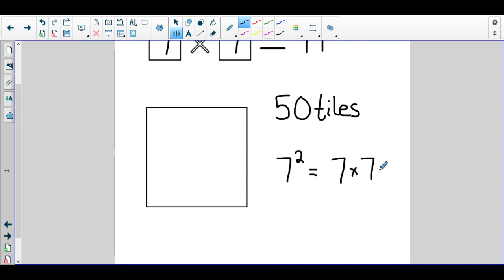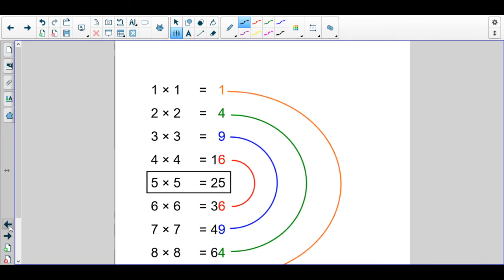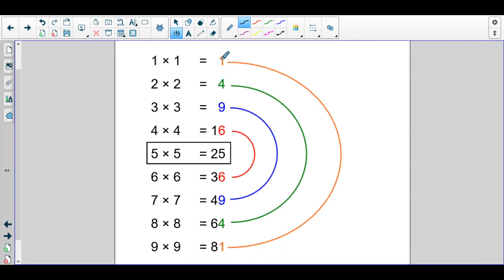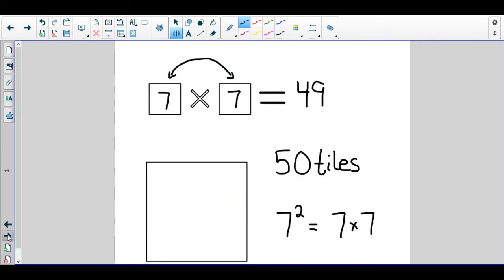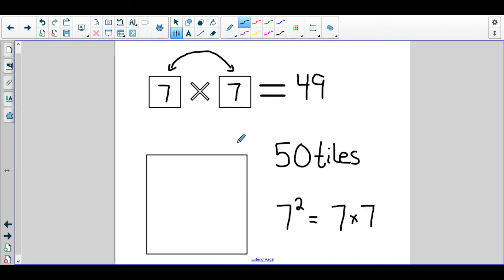So that would be 7 to the second power, which we nickname or give a shortened name. We would say 7 squared. And that is how we come up with the name for these numbers right here, the perfect squares. The perfect squares are created by saying that they have an exponent of 2 and that we're going to square that number.